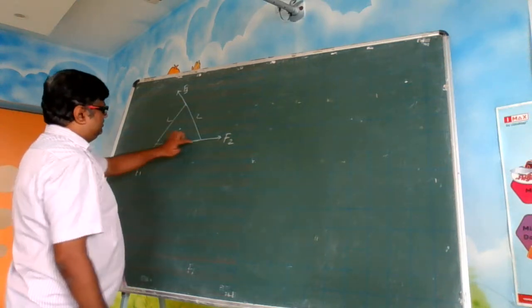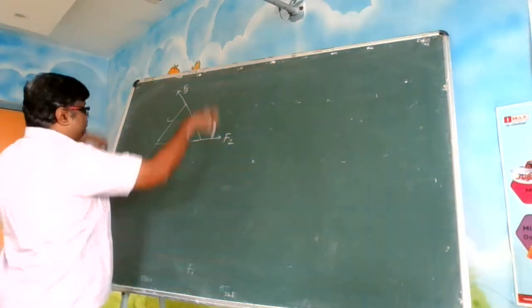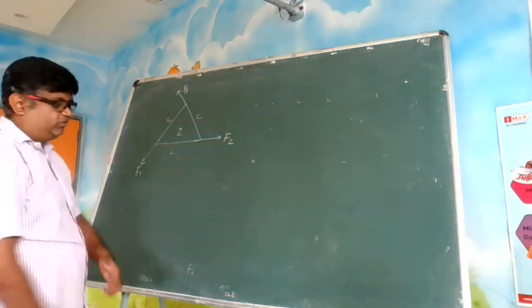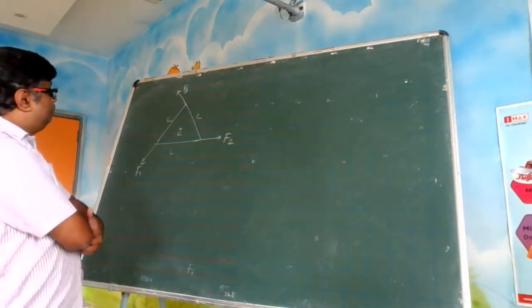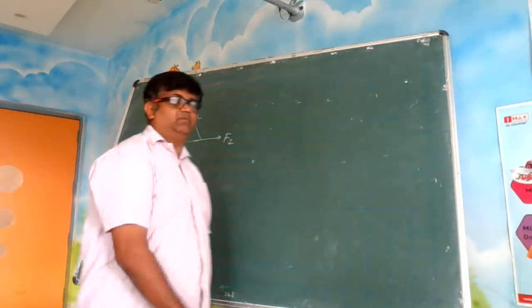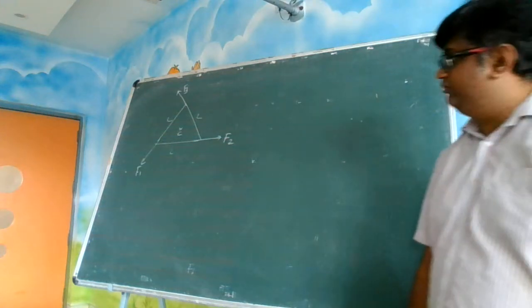On each vertex, three forces are acting in this direction. They are making a rotation about this point. Now what must be the relation between these three so that the system is in equilibrium? Which equilibrium? Rotational equilibrium. This is what we have to find out.